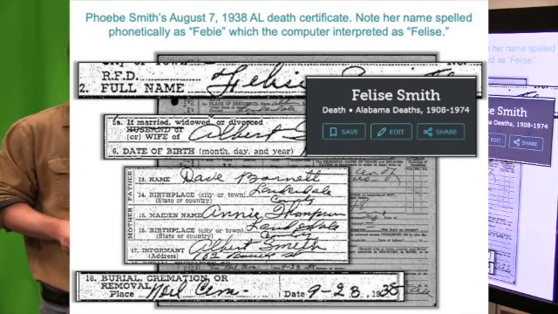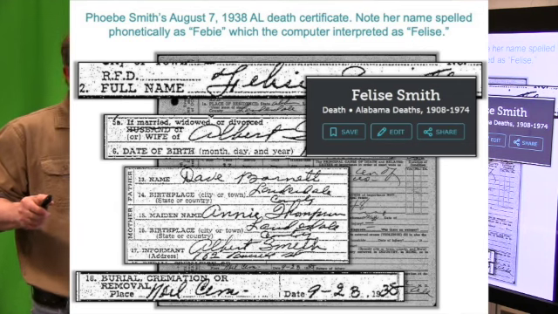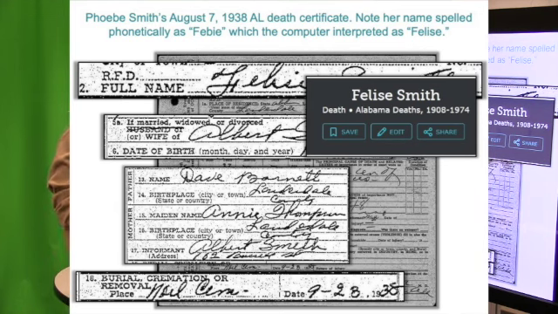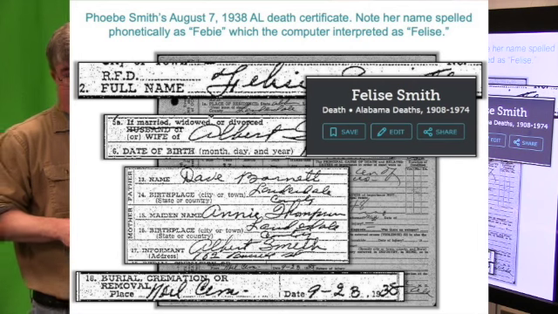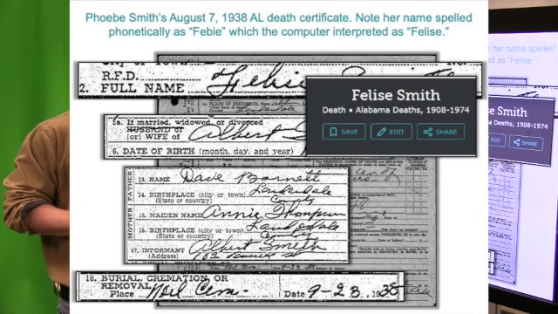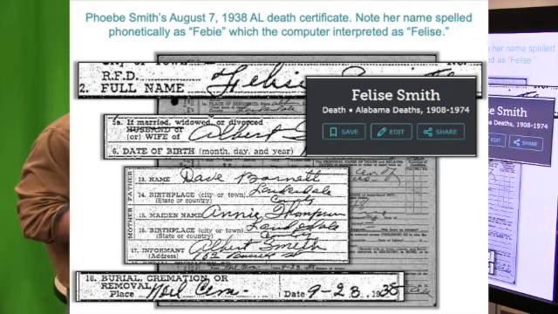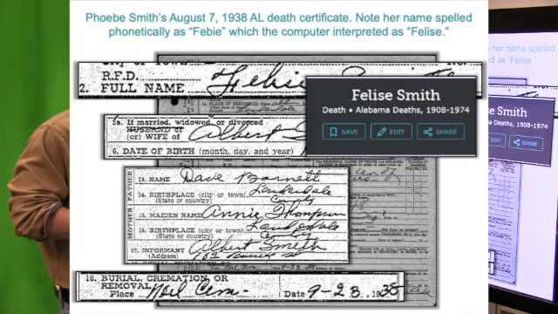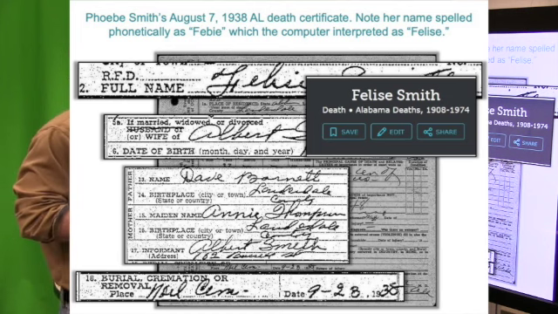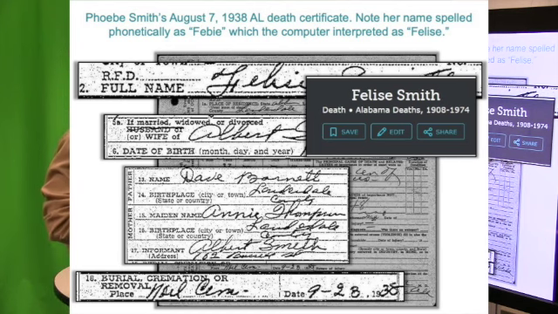Well, these can be good. They're especially good for the person and their death date. Because the other information is based on an informant, it's secondary information. It's not as good as primary because in this case, her husband, Albert Smith, was the informant. So it lists her name and her date of death, then the husband's name, and then her parents, who were Dave Barnett of Lauderdale County and Annie Thompson of Lauderdale County.